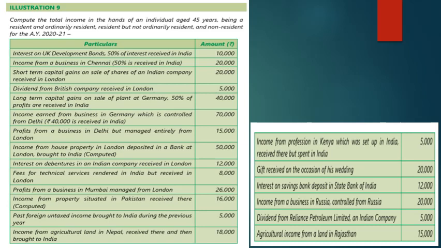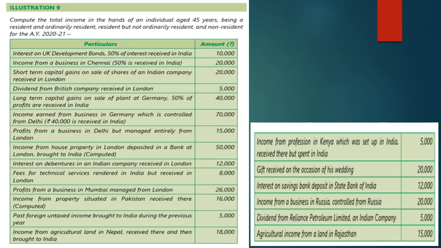Income from house property in London, deposited in a bank at London, brought to India, computed 50,000. Interest on debentures of an Indian company received in London, 12,000. Fee for technical services rendered in India but received in London, 8,000. Profit from a business in Mumbai managed from London, 26,000.